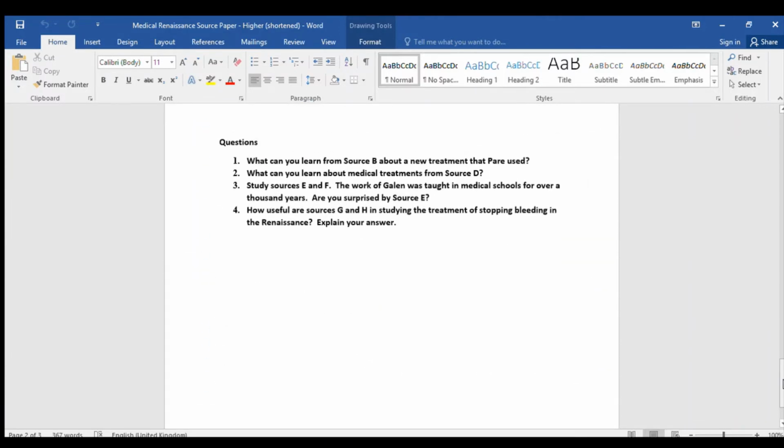Question 3 says study sources E and F. The work of Galen, that's Claudius Galen, that Roman doctor we talked about, the one who was believed for thousands of years, who was treated almost as a god as far as medicine is concerned. The work of Galen was taught in medical schools for over 1,000 years. Are you surprised by source E?